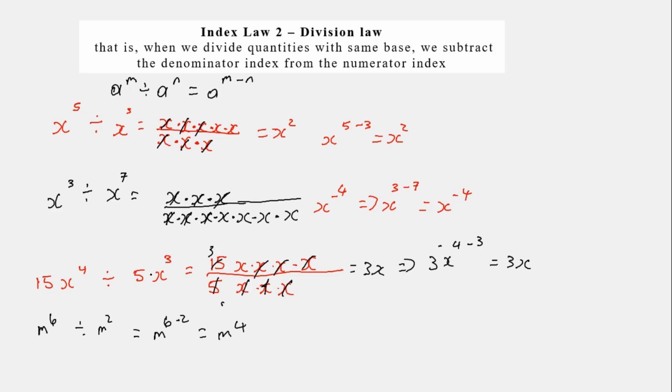In this last one we're dividing same base, different index, so we divide the 15 by the 5 and get 3. By the x to the 4th divided by the x to the 3rd, we get an x, and the answer is 3x.